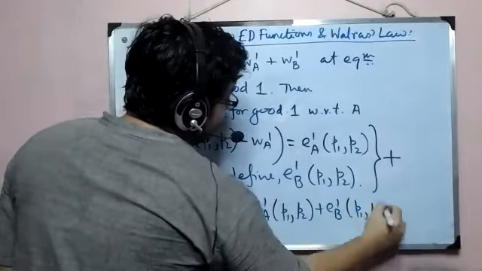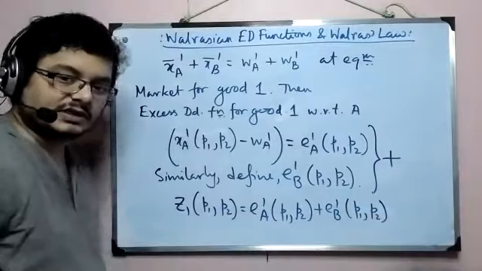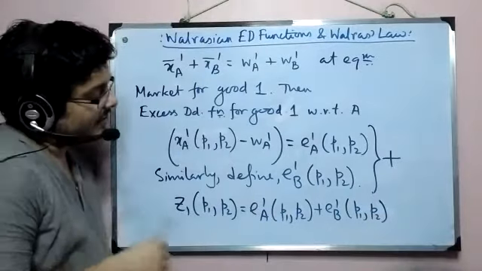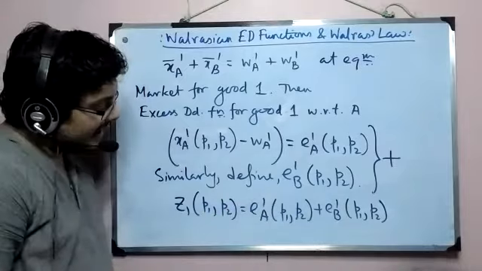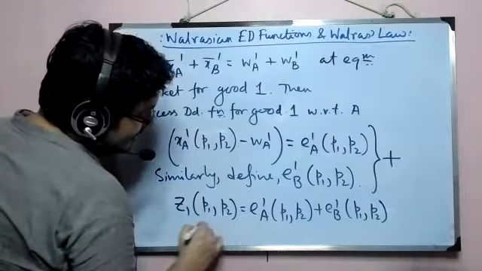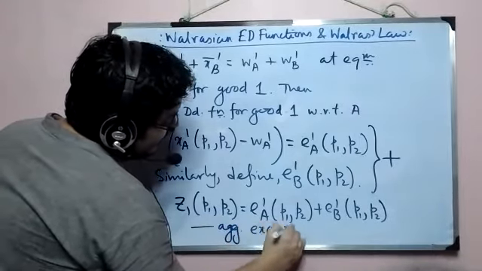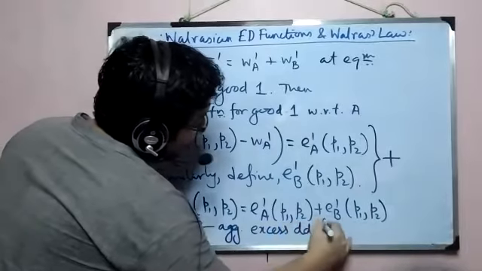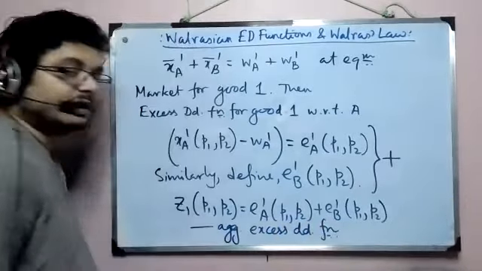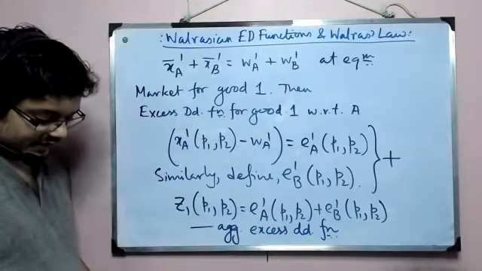So given there are two consumers in our model, and we are talking about only one good, in that good's market the aggregate excess demand is the excess demand made by consumer 1 and consumer 2. So that's our aggregate excess demand function.